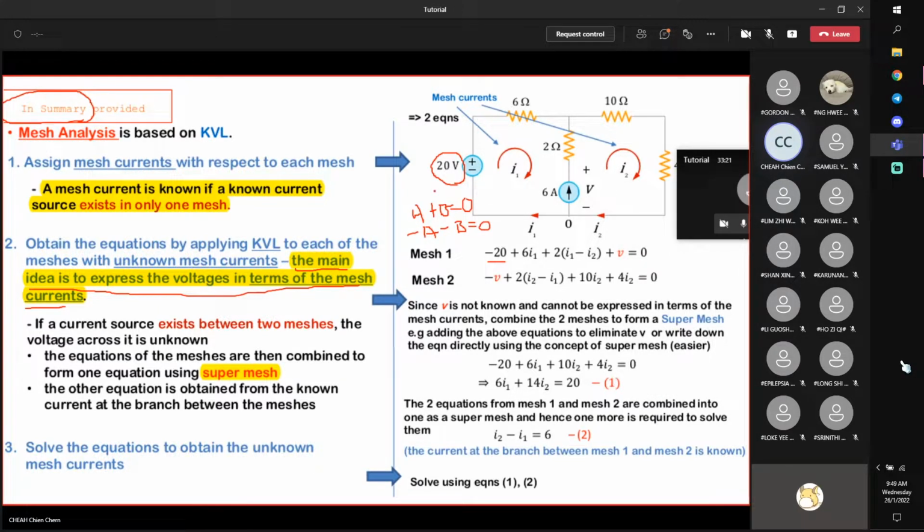No difference at all, which means that you have to follow one convention. If increase, you put positive, then the rest of the increases will be positive. If increase, you want to put negative, it's also okay. This means that for your resistors, if you want to put all positive, then in this case, you just follow the same convention.